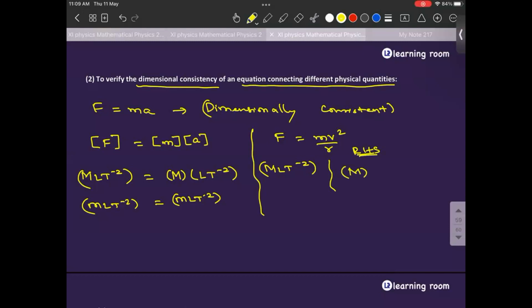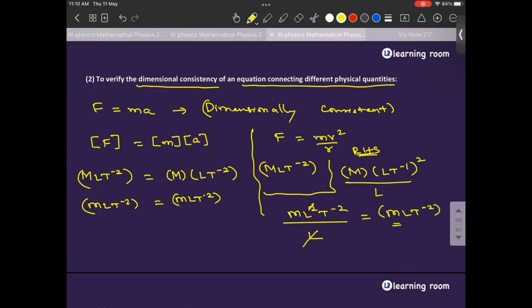LT minus 1, but raised to the power 2 because it's V square. Divided by R. R is radius, L. So if I observe the RHS, I'm getting ML square T minus 2 divided by L. This L will cancel one L of L square. So the answer comes out to be MLT minus 2.